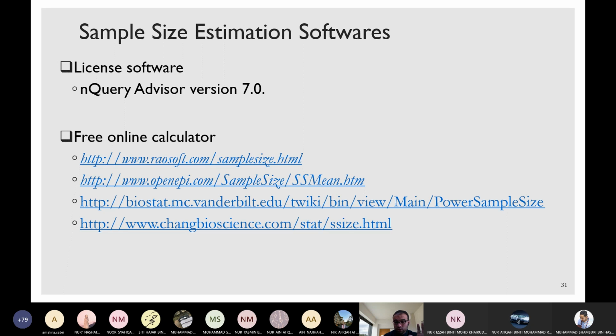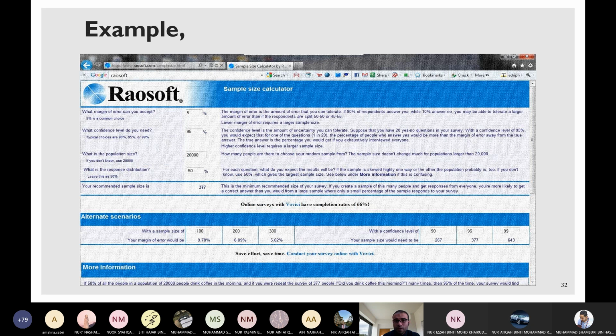I can show you two of the most commonly used calculators for the sample size. Of course, this one, Raosoft, is very popular in survey research, and you can see here it is very simple. It doesn't require too much data to be entered, and it will calculate for you the recommended sample size.